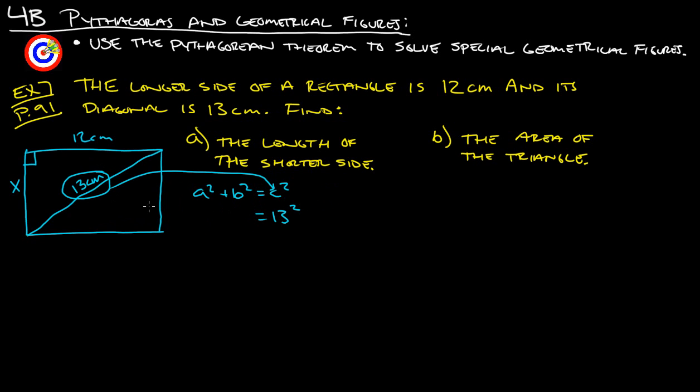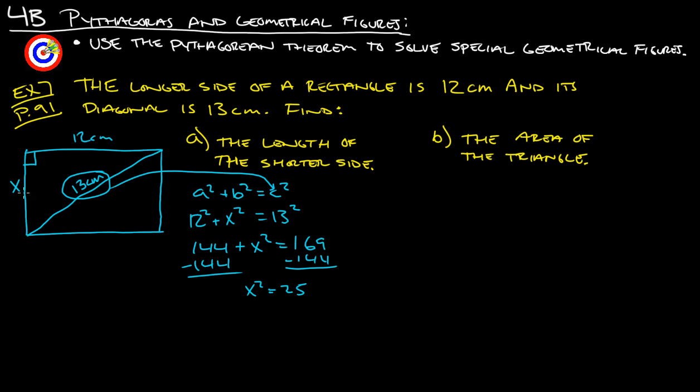So we have 12 squared plus x squared equals 13 squared. Right, so that's 144 plus x squared equals 169. Subtract 144 from both sides, and we get that x squared equals 25.